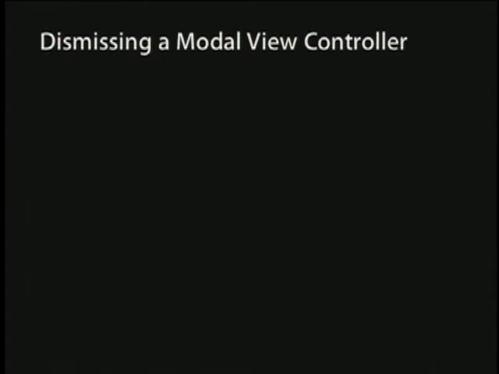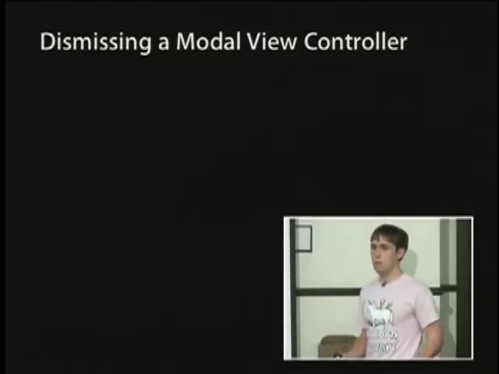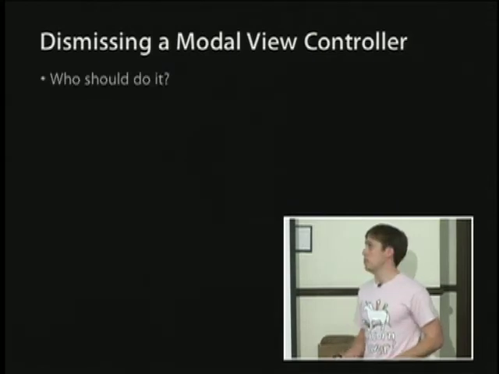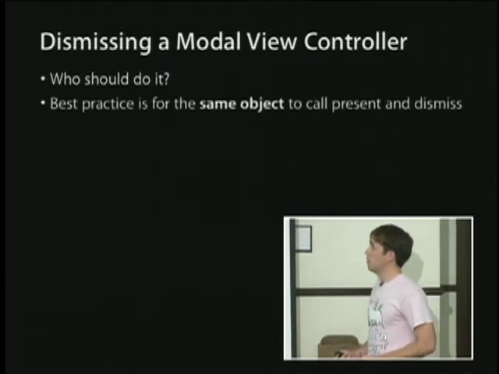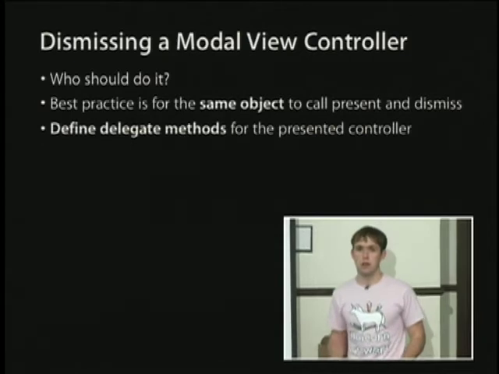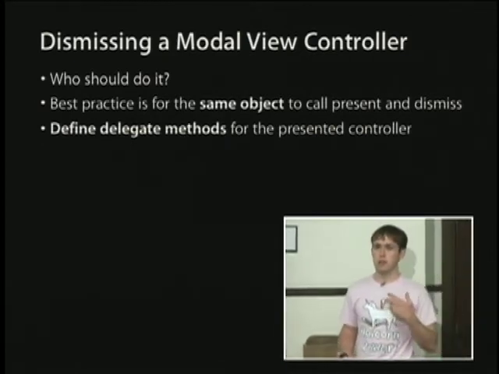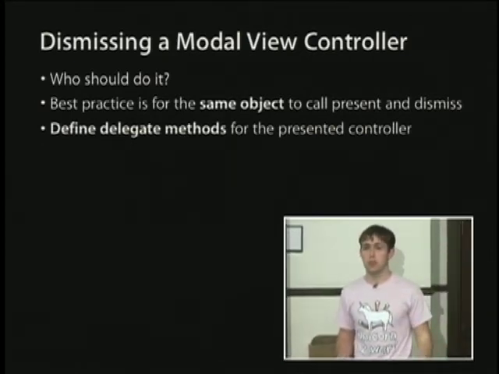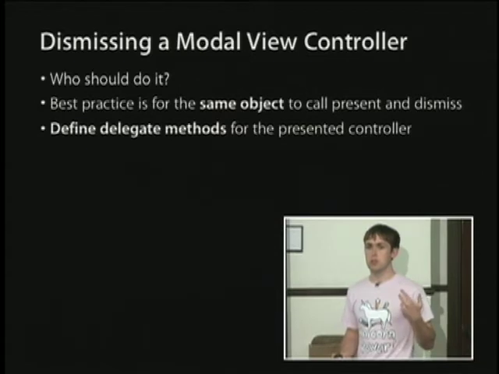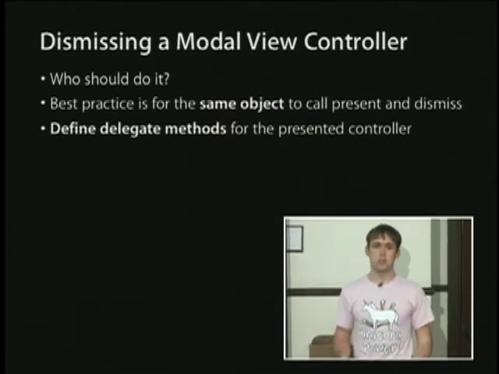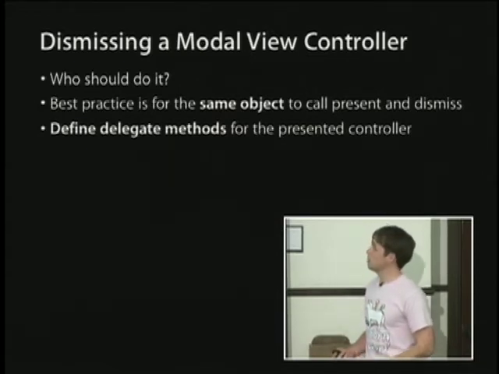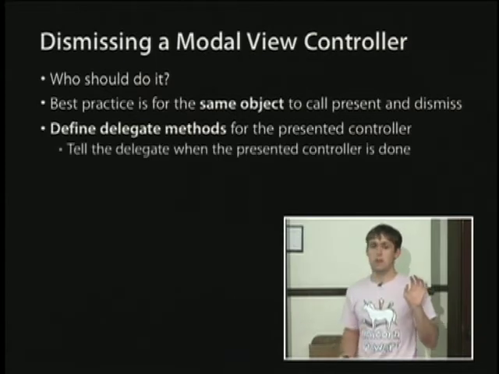So, dismissing the modal view controller. I said it was easy, and it is indeed, but there are a lot of ways to get there, and we have a strongly recommended way. The best practice is to make sure, just like retain ownership, that the object that presents is the object that dismisses. And we think a great way to do that is to define a delegate method.